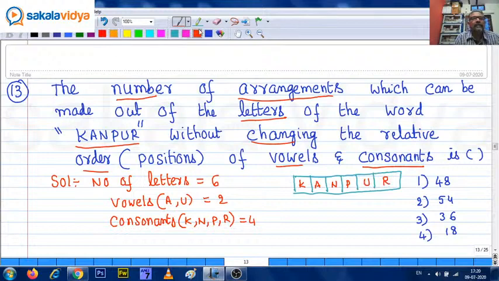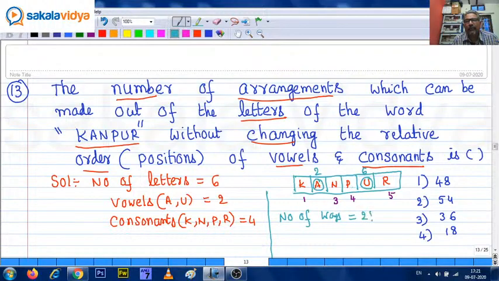This is the first place, second place, third place, fourth place, fifth place, sixth place. The vowels are in the second and sixth places. The consonants are to be arranged in the first, third, fourth, and fifth places. So the number of ways is: the 2 vowel places filled in 2 factorial ways, and the 4 consonant places in 4 factorial ways. 2 factorial is 2, 4 factorial is 24.